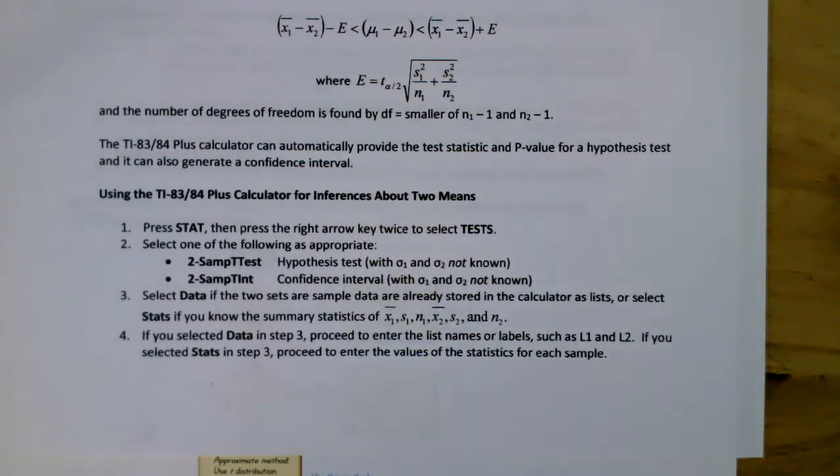Then number 4, if you select data in step number 3, you want to proceed to enter the list names or labels such as L1 and L2. And if you select stats in step number 3, you want to proceed to enter the values of the statistics for each sample.